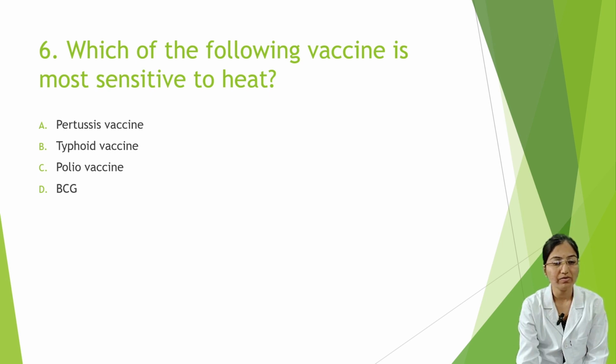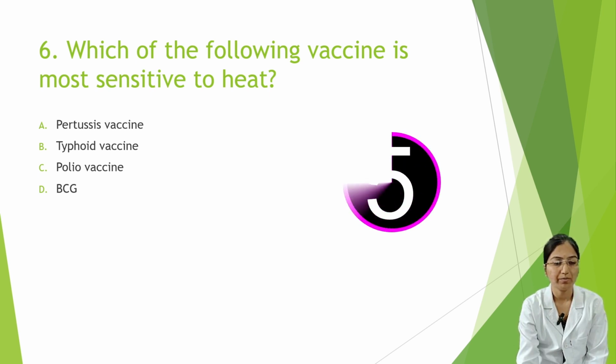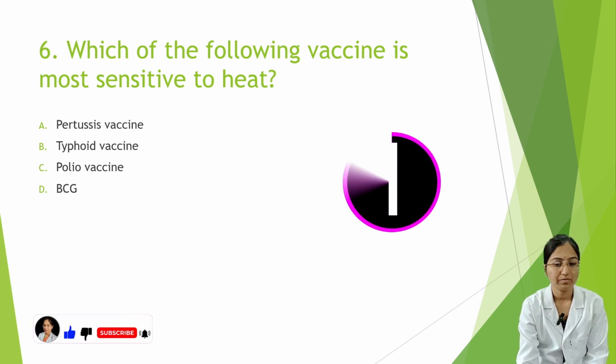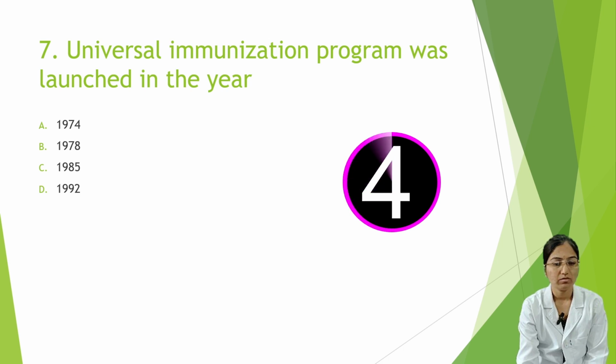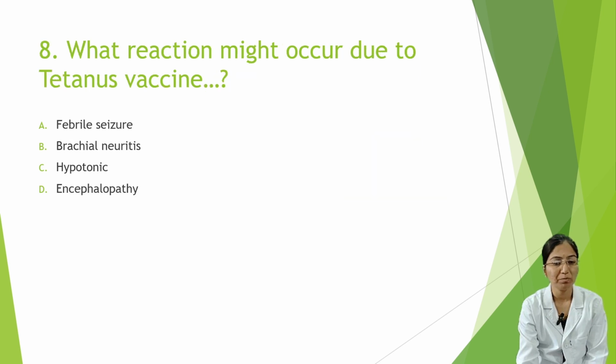Which of the following vaccine is most sensitive to heat? Polio vaccine. Next question. Universal immunization program was launched in the year 1985. Next question. What reaction might occur due to tetanus vaccine?